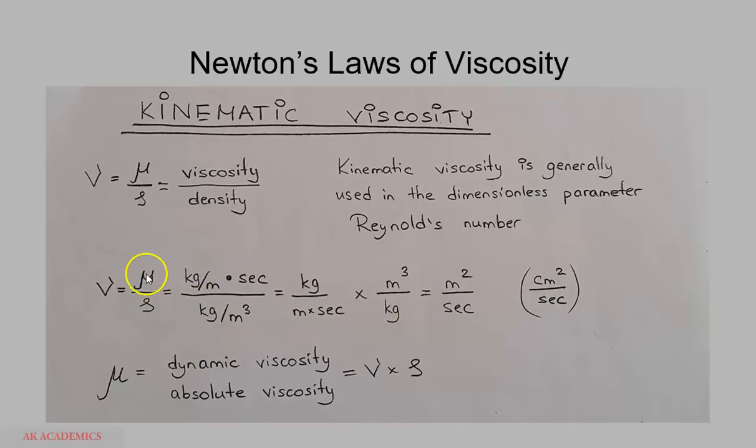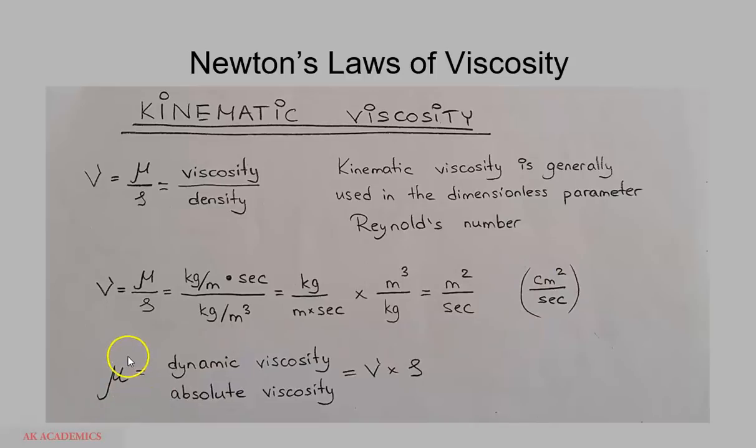You can see we have the normal viscosity, kilogram per meter second, divided by the density of the material, and if you eliminate the common terms, what you have left is meters squared per second or centimeters squared per second. So kinematic viscosity is measured as meters squared per second or centimeters squared per second.